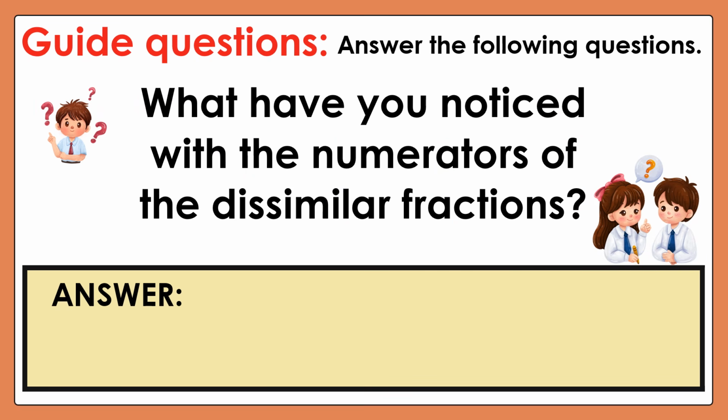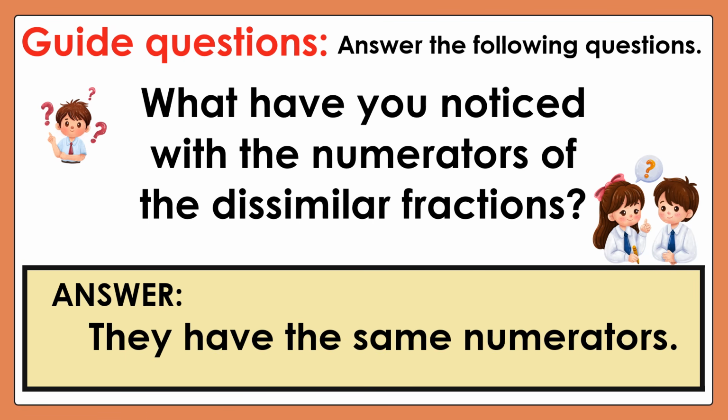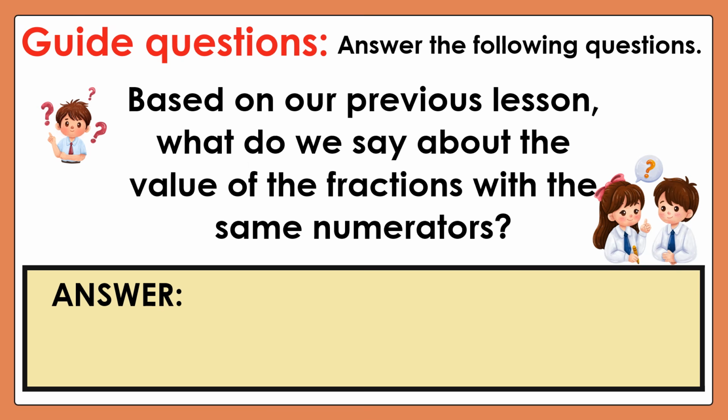Guide questions. What have you noticed with the numerators of the dissimilar fractions? Answer: they have the same numerators. Based on our previous lesson, what do we say about the value of the fractions with the same numerators?